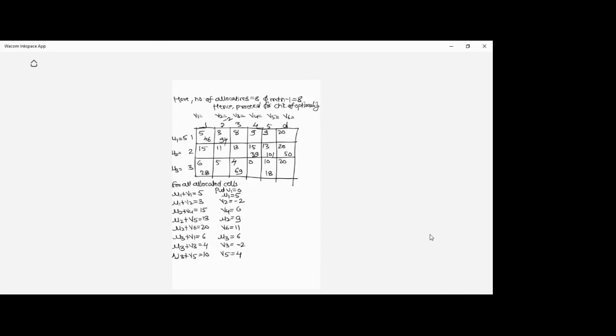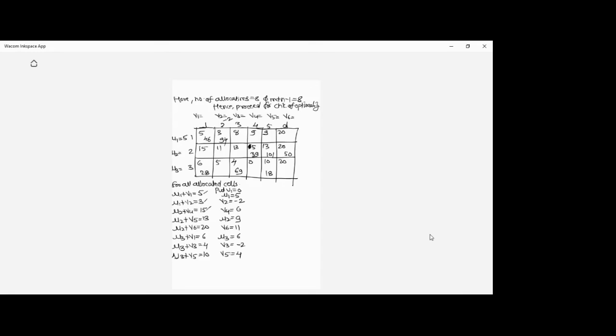U1 plus V1 is equal to 5, U1 plus V2 is equal to 3, U2 plus V4 is equal to 5. Okay, it is 13, that is okay. So we have got V4 as wrong, right?